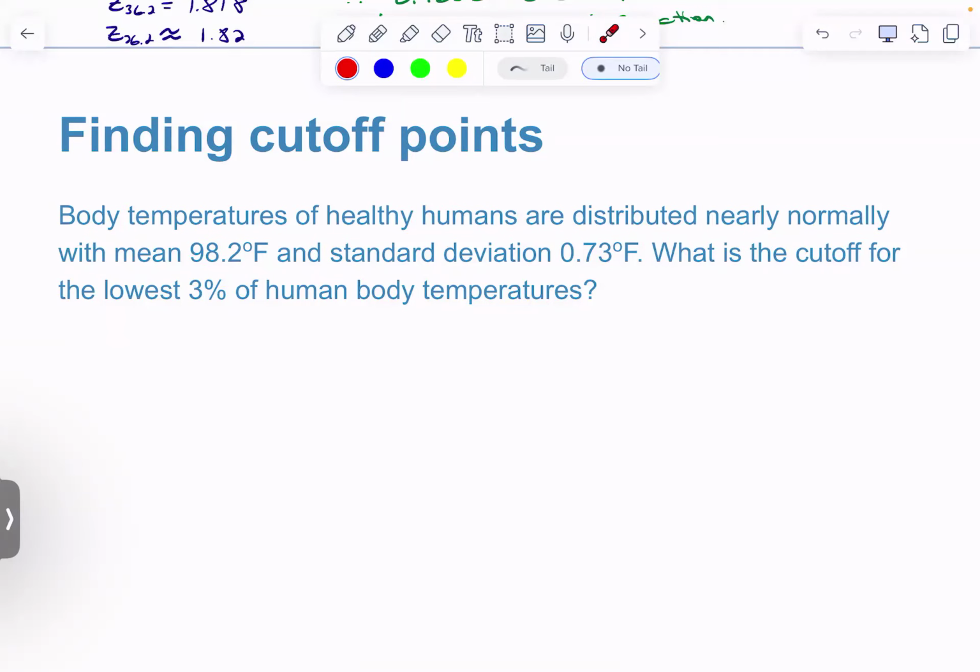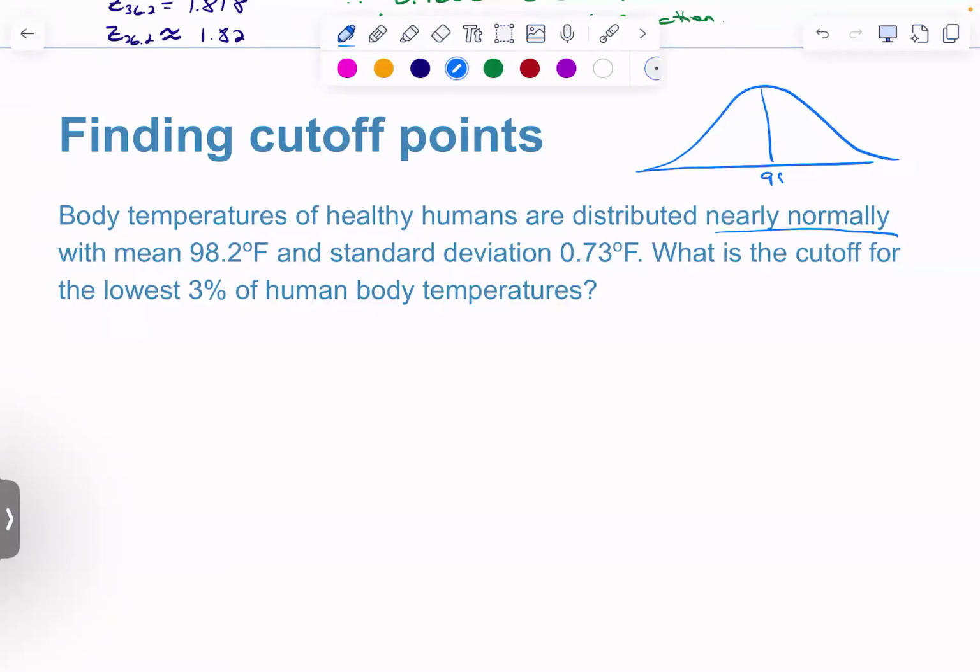Body temperatures of healthy humans are distributed nearly normally. As soon as you read that, you're going to start drawing a normal distribution just to get a feel for all the information that you get, with a mean of 98.2. 98.2 goes in the center, and a standard deviation of 0.73.